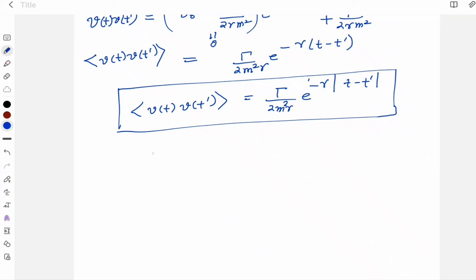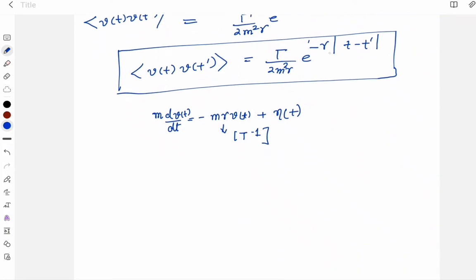Our equation was m dv dt equals minus m gamma v, depending on time, plus the noise term. So gamma has a dimension of time inverse.